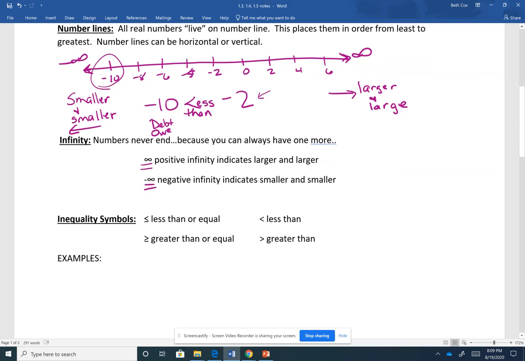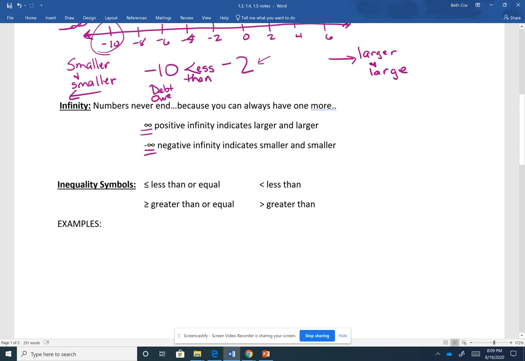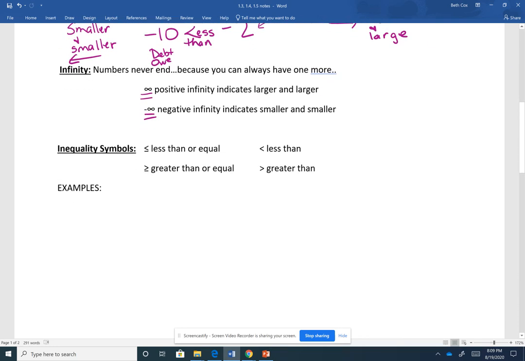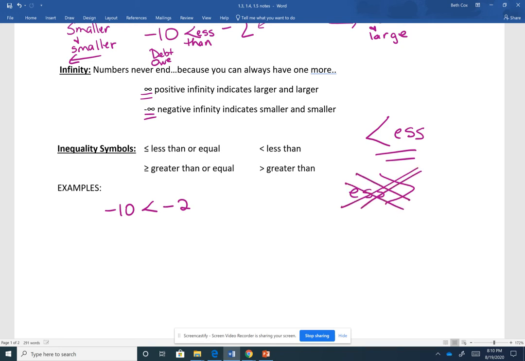Okay, and then we have our inequality symbols: less than or equal, greater than or equal. I already did one. Negative 10 is less than negative 2. And again, we've got this word picture: you put ESS inside of it. Oop, that doesn't work. That's not the less than. That's the less than symbol. That must have been the greater than. Okay, put the ESS in it.